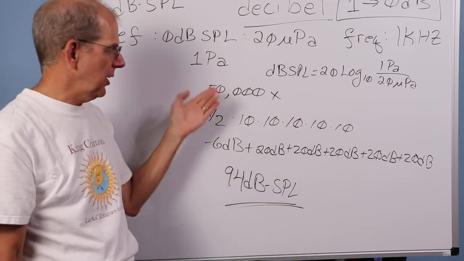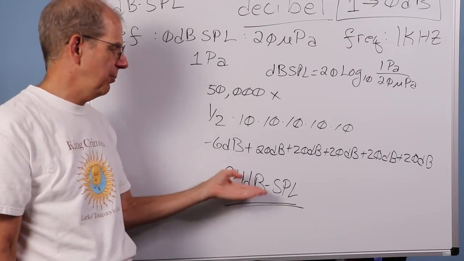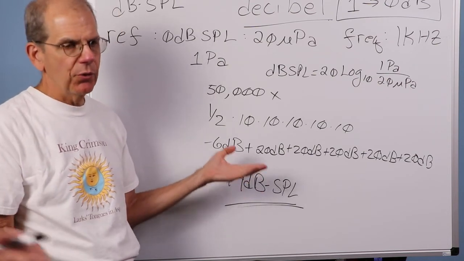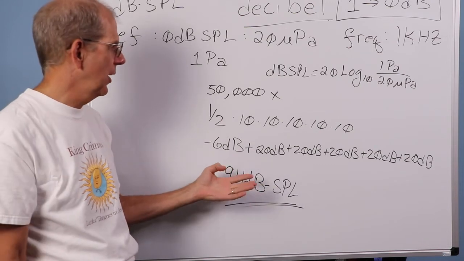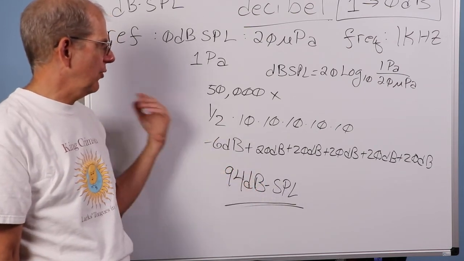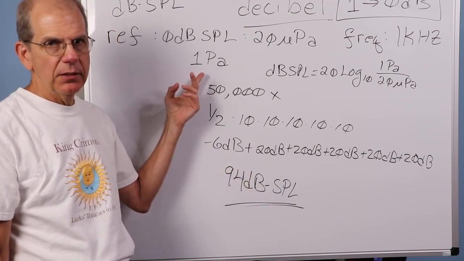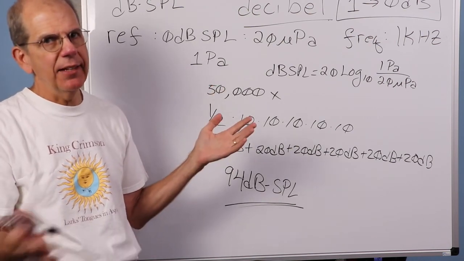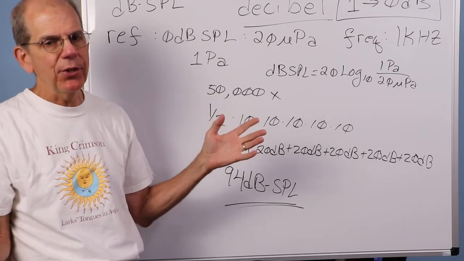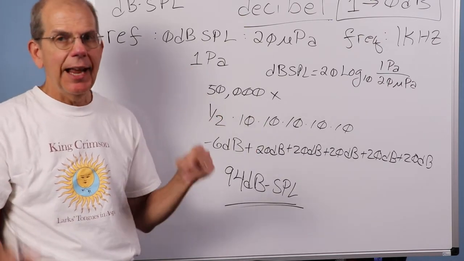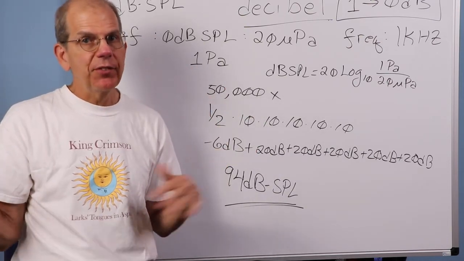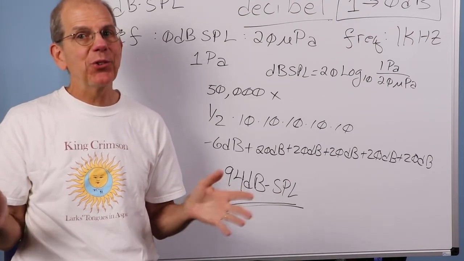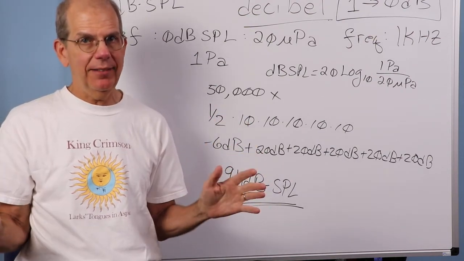And even extraordinarily loud values, right? 94 dB SPL is, under normal circumstances, pretty loud. That's only 1 pascal. And to put that into everyday terms, air pressure is 14.7 pounds per square inch, about 101 kilopascals.